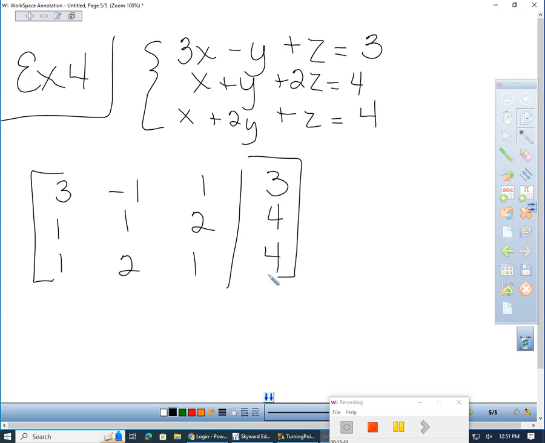Okay, so go into matrix, go over to math, go down to RREF, make sure you hit that first. Then you go to alpha F3. This again is a 3 by 4.